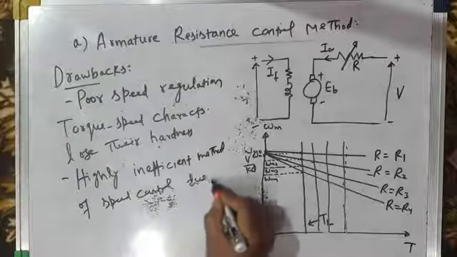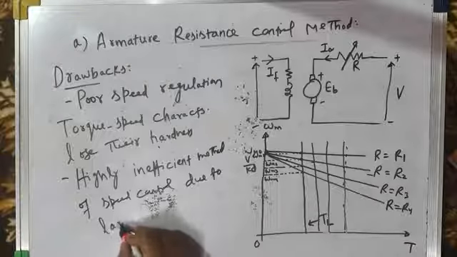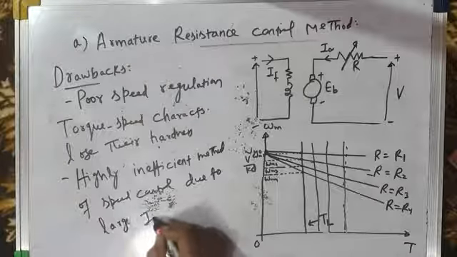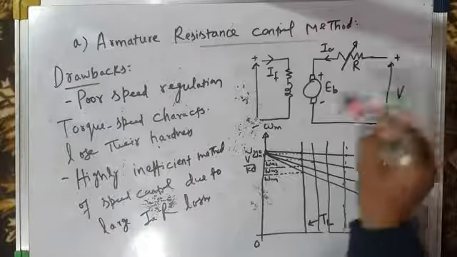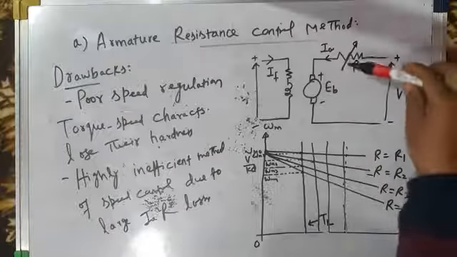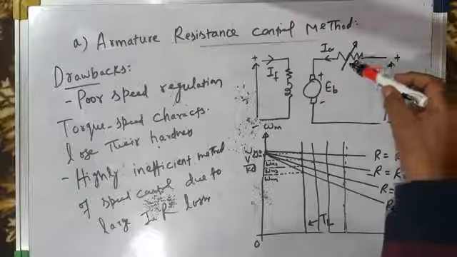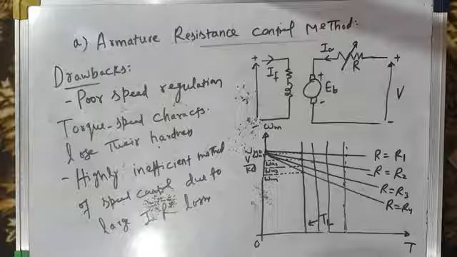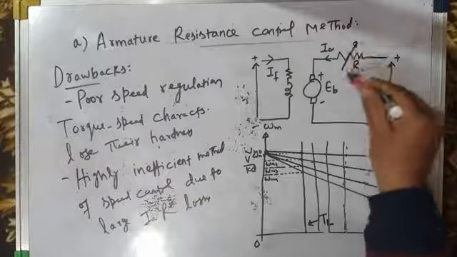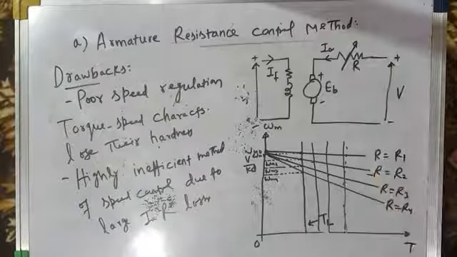Due to large Ia square R copper losses. You are putting resistance in the path of the armature current, and because of this external resistance, there is a large power loss, copper loss, Ia square R loss in this external resistance. So you are wasting a lot of power in this resistance.